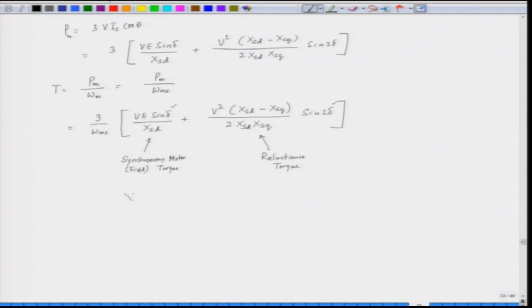Now, Xsd is not equal to Xsq. Because of that, there is a difference Xsd minus Xsq. In fact, for a wound field synchronous machine, Xsd is greater than Xsq. Because of that, the reluctance torque is positive for a salient pole synchronous machine.